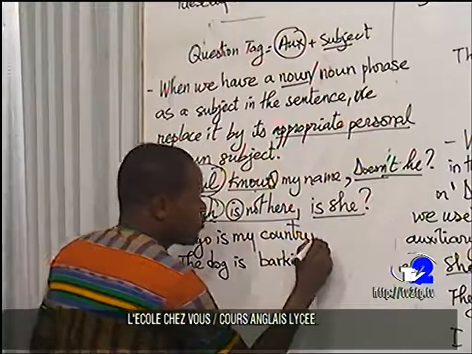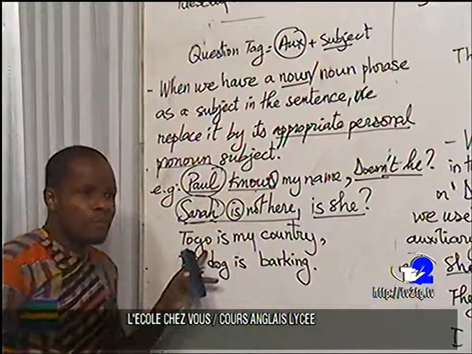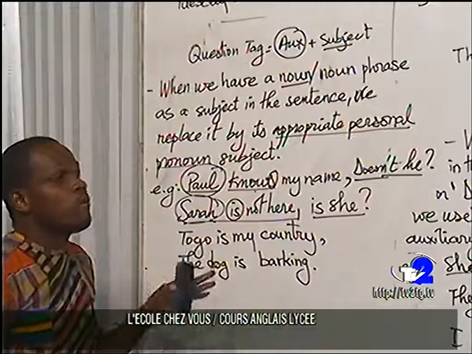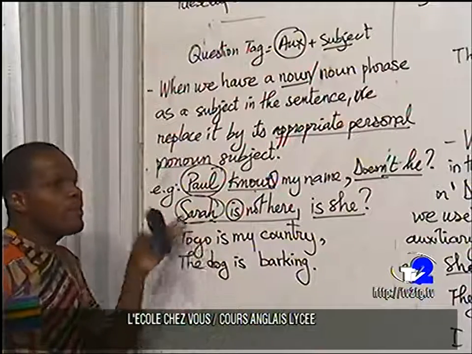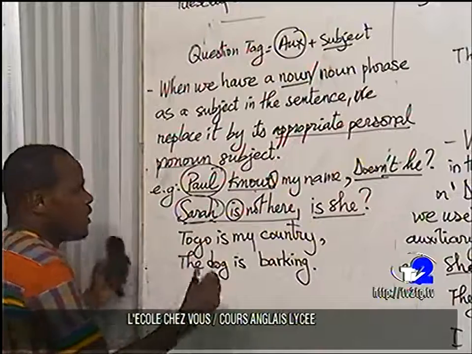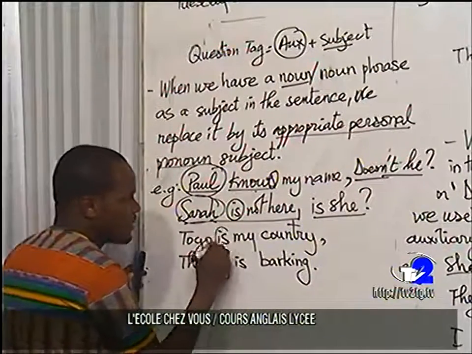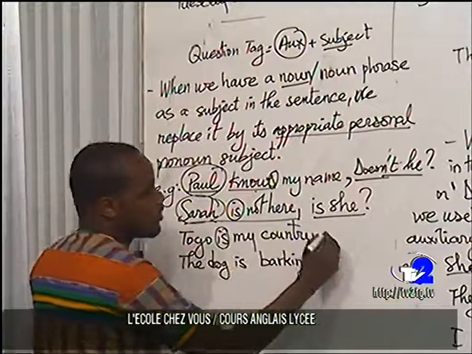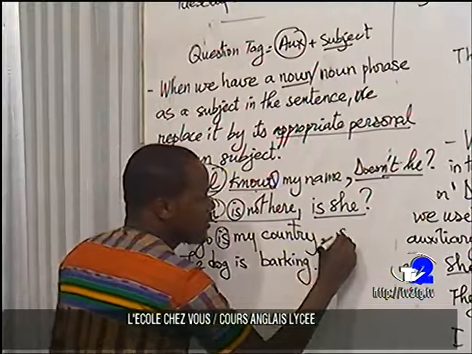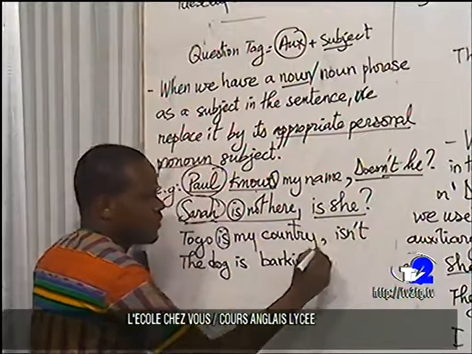Togo is my country. We all know that Togo is not a person's name. Togo is the name of a place. We are all living in Togo. When you are asked to find the question tag of such a sentence, you identify your verb, which is also the auxiliary. So we repeat it: is. The sentence is positive, so you write not. Isn't.